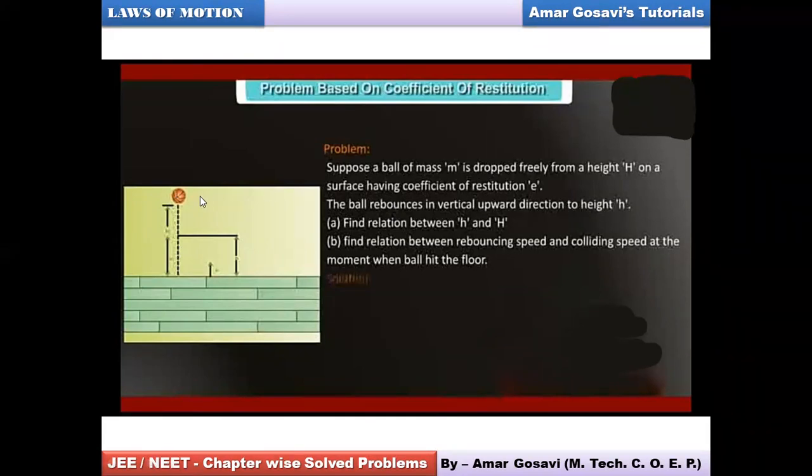So it falls through capital H, and after collision it rises to small h. Now you're supposed to find the relation between small h and capital H, and the relation between the rebounding speed and the colliding speed when the ball hits the floor. Please make a note of this question before we start discussing the solution.